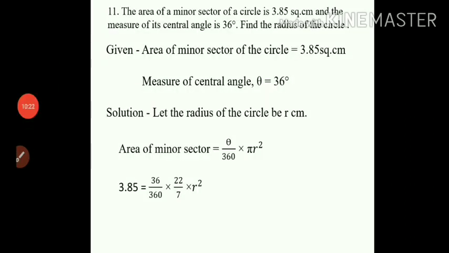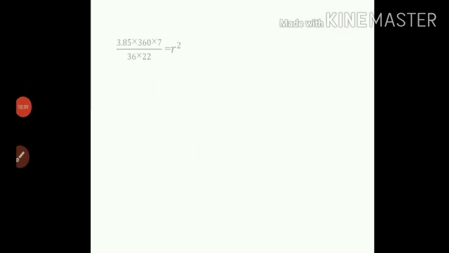Now here we'll cross multiply. See, if we take it like this, 3.85 multiply by 360 multiply by 7 divide by 36 into 22 will be r square. I am changing the sides. I am cross multiplying. See the step. 3.85 into 360 into 7 upon 36 into 22.